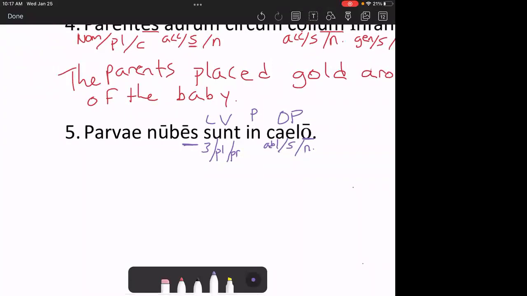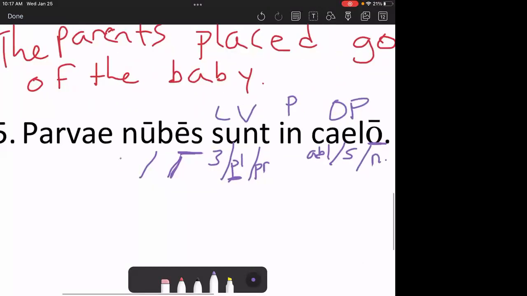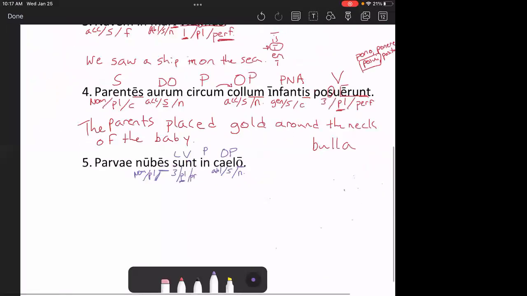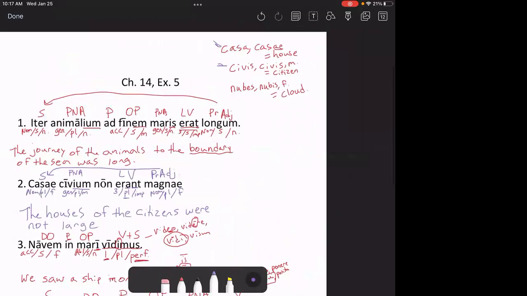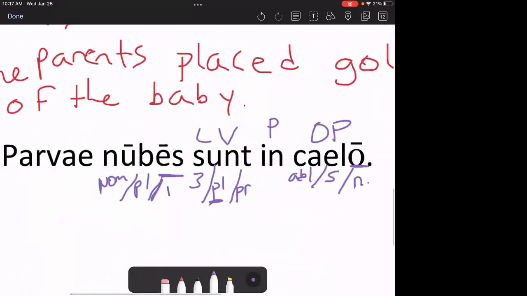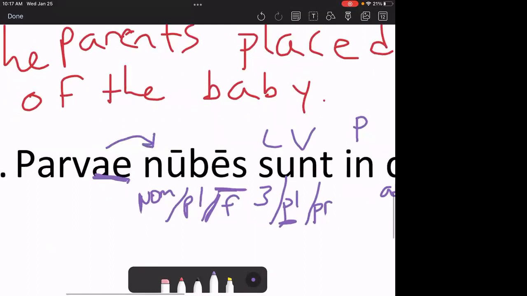Okay, parvae nubes sunt. Well, our verb is plural, which tells us that nubes, even though it has the same form in the singular, it's actually plural in this situation. So nubes, nominative, plural. What gender did we say nubes was? Whoops. We said it was feminine. And then parvae is also a clue that it's feminine because we've got a feminine ending here, right? AE. This is an adjective modifying nubes, right?